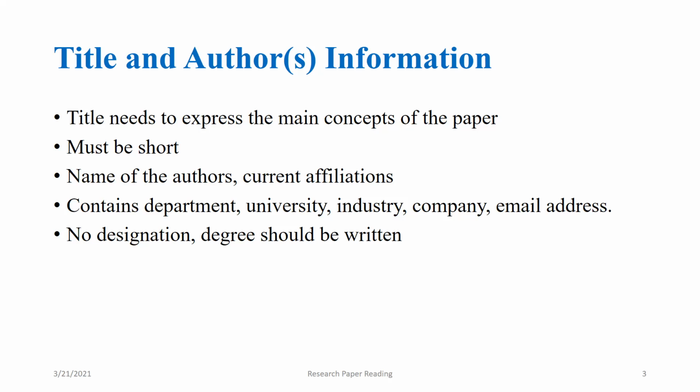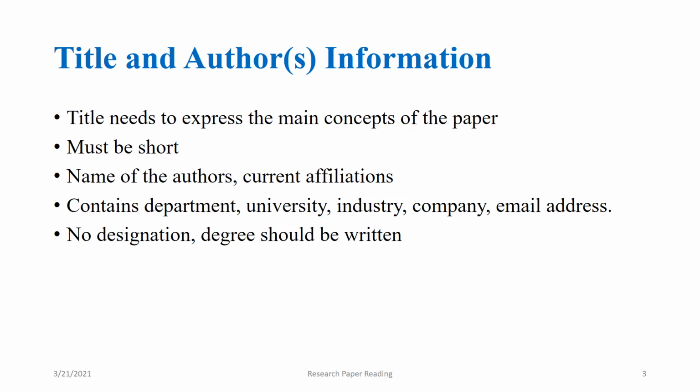That means the problem we are trying to solve, the solution of the problem, and how we solve the problem should be presented in the title in a precise manner. The title should not be longer than 2 lines, but it is better if the title is only one line. So a title must be short.